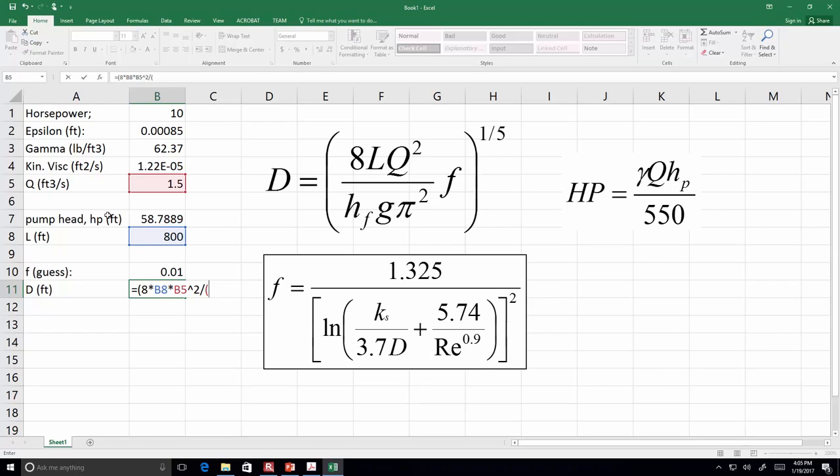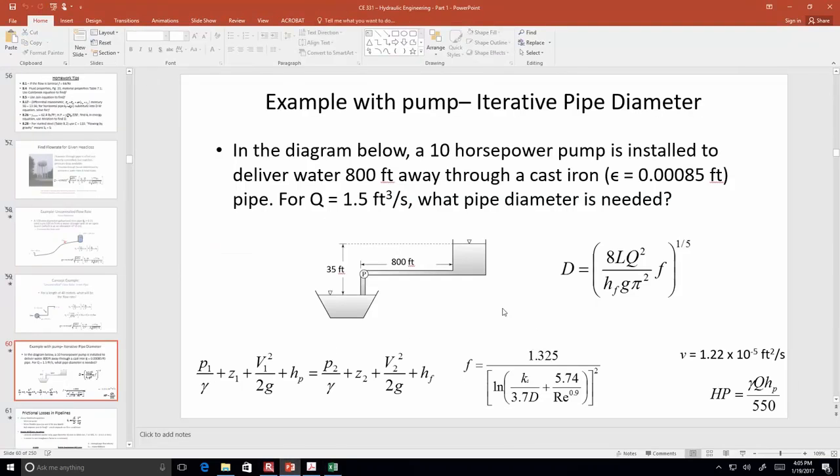This is another place where you just sort of jump in with a guess. And so assuming that we have the pipe friction of 0.01, then that's going to require a guess of the pipe friction we'll initially just say is 0.